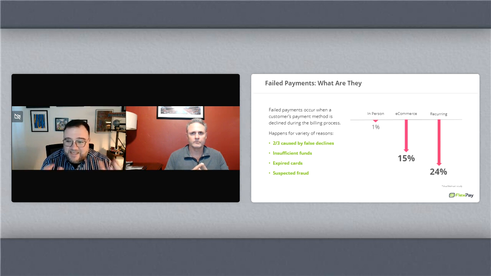When you take that exact same cohort of 100 people and put them into an e-commerce space, which is what most of us here are going to be working with, that actually goes from a 1% rate to a 15% failure rate. And if you take that same cohort again and put them into an e-commerce recurring business.